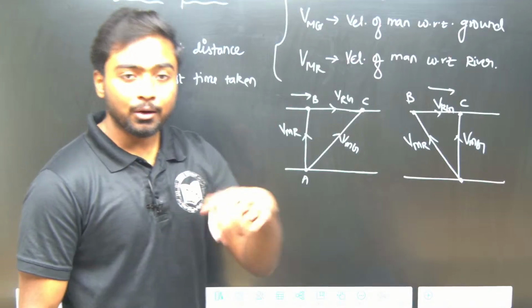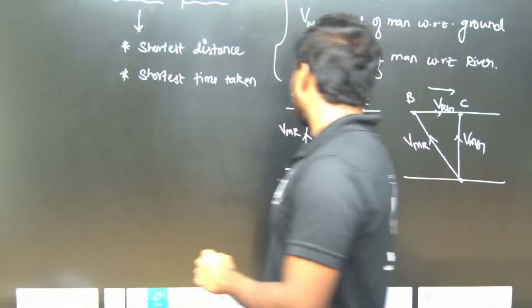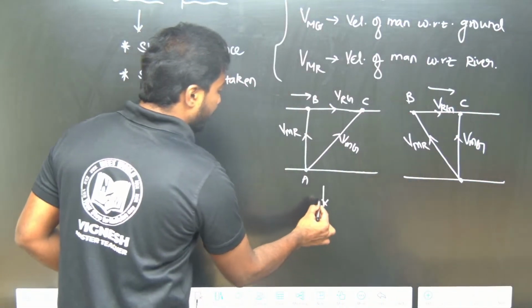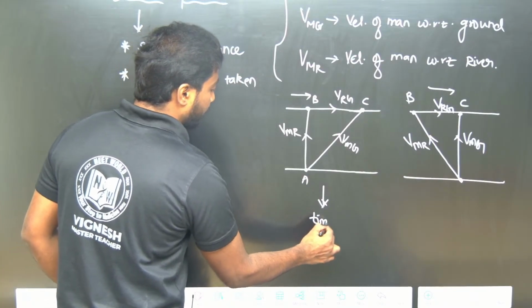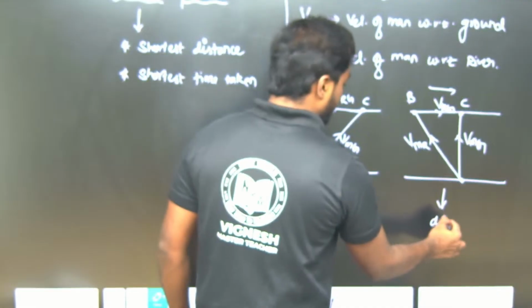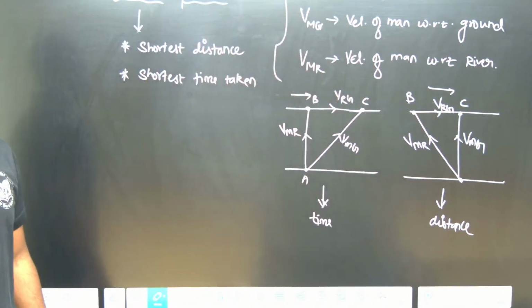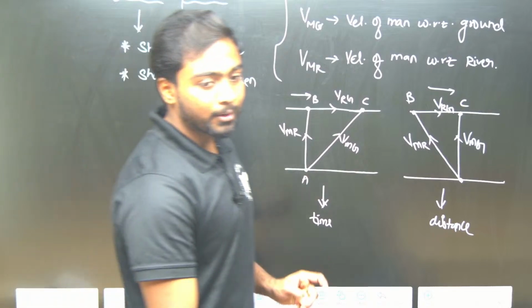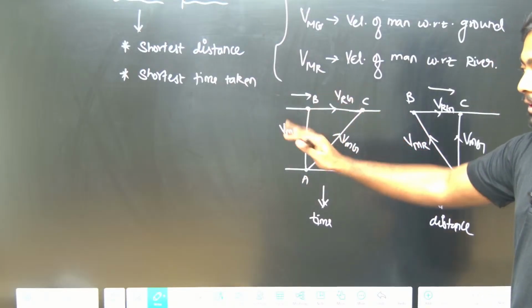The shortest distance is the other one. So this is my diagram for the shortest time, and this is my diagram for the shortest distance.